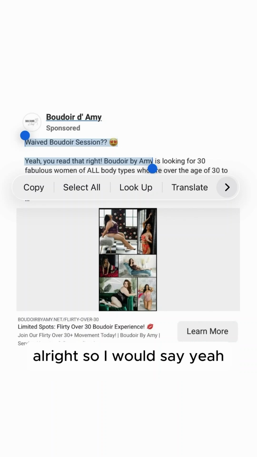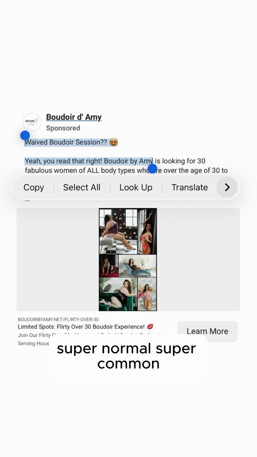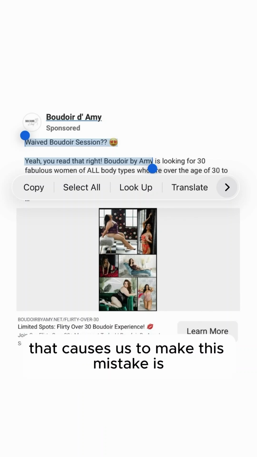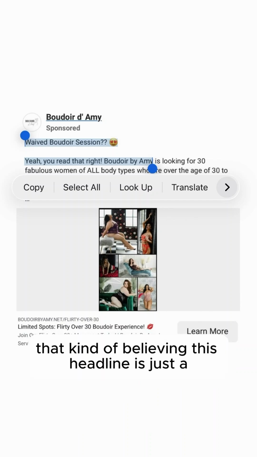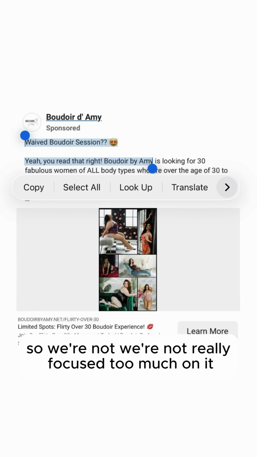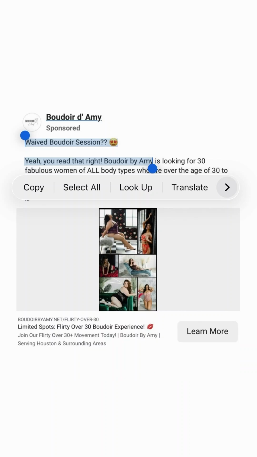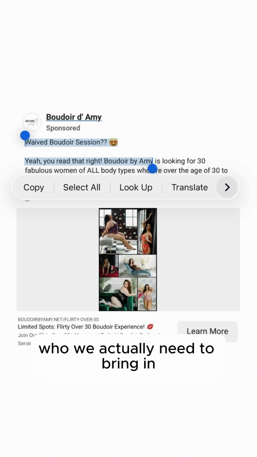All right, so I would say this one we got the lack of context mistake. Again, super normal, super common. And the false belief that causes us to make this mistake is that this headline is nothing special, when actually it's 80% of our ad spend. So we're not really focused too much on it, and we're lacking context of who we actually need to bring in.